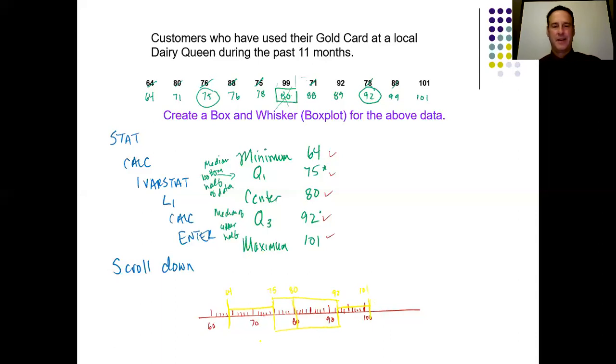And again, these are the number of customers in 1 month who hit a gold card at DQ. Now, an important feature is this.